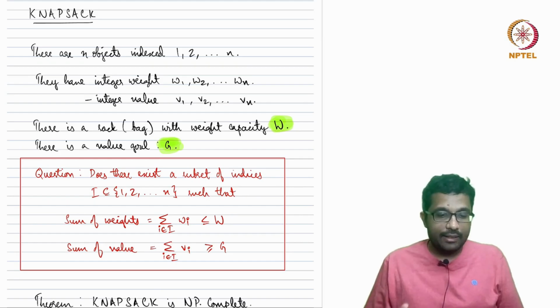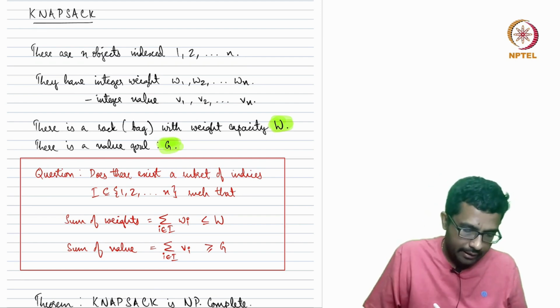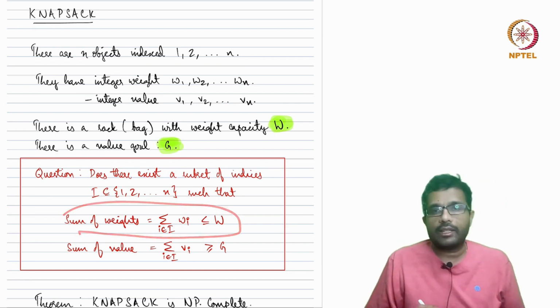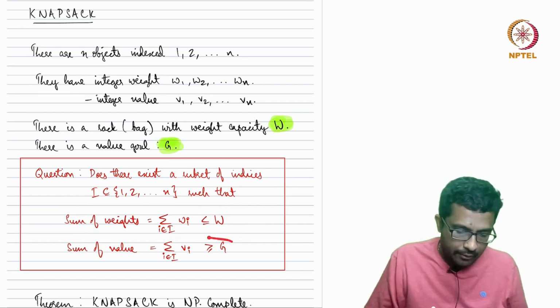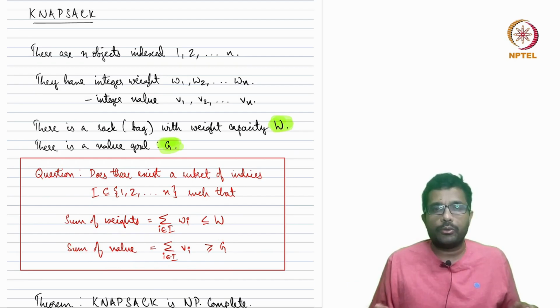So the question is, does there exist a subset of items whose sum of weights is below the capacity, whereas the sum of the values is exceeding the goal that we have? This is a natural thing that one would want to do.